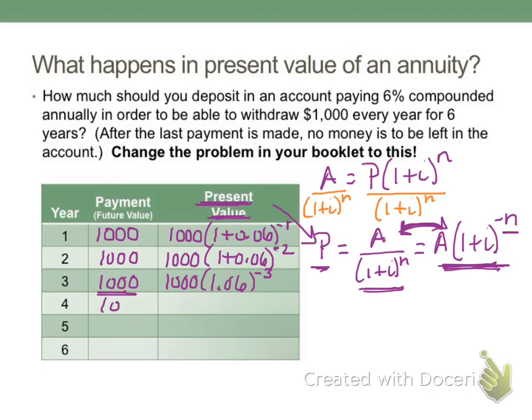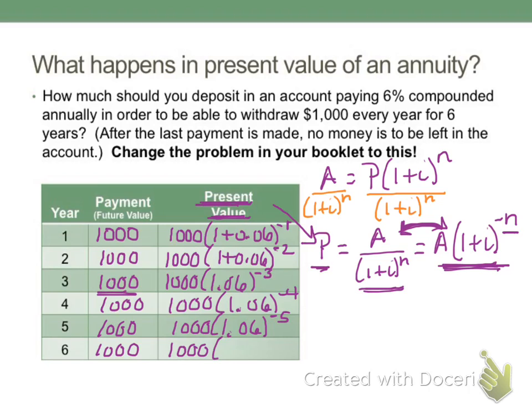Okay, at the end of 4 years, $1,000 times 1.06 to the -4th. End of 5 years, that $1,000, I'll need 1,000 times 1.06 to the -5th. And finally, the $1,000 at the end of the 6th year means $1,000 times 1.06 to the -6th power.